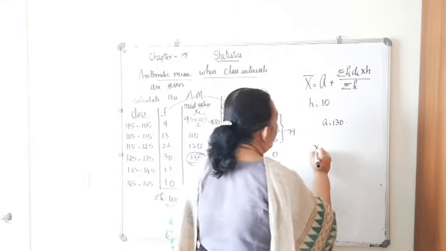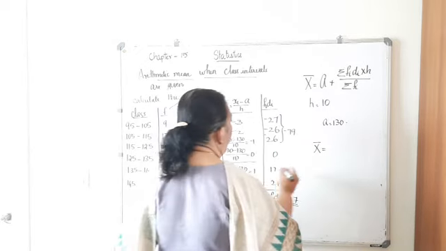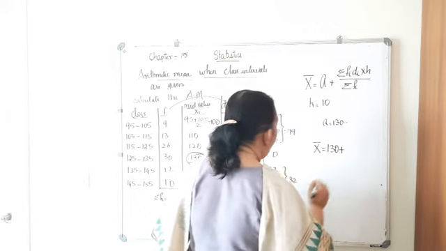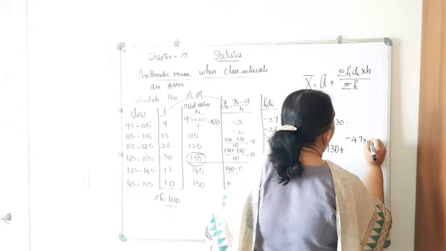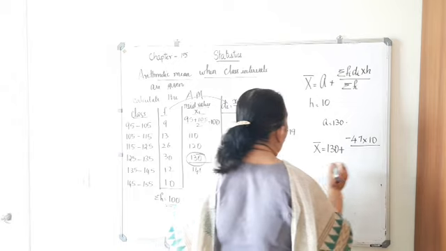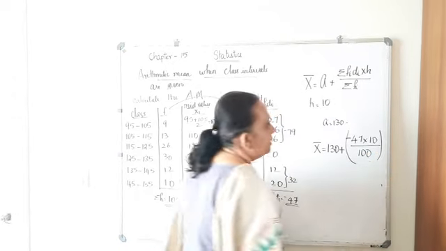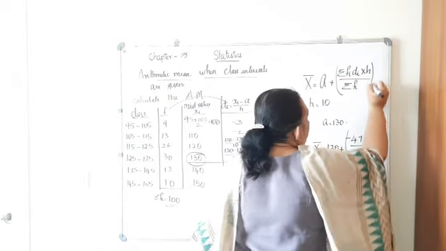X bar is equal to A. What is A? 130 plus sigma Fi di, minus 47, into H 10 divided by sigma Fi 100. This bracketed thing has to be calculated first.